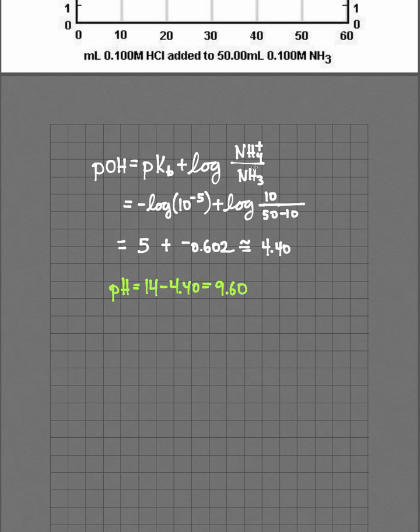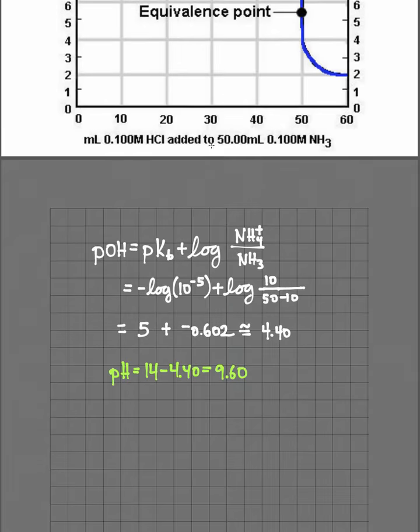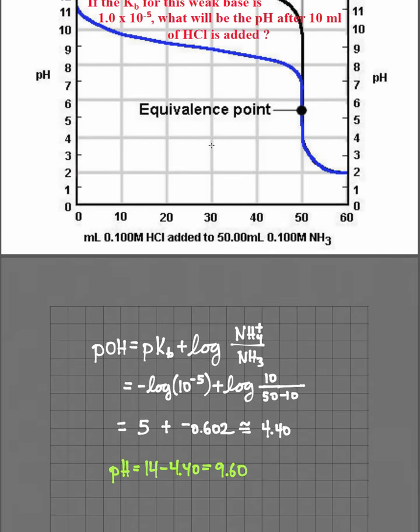So if I generated 10 relative units because I had gone to here, that's creating 10 relative to the 50, but I still have 40 to go. So 10 over 40 is 0.25, and the log of 0.25 is negative 0.6. So I would be at a pOH of 5 minus that little bit, and the pH would be 9.6.